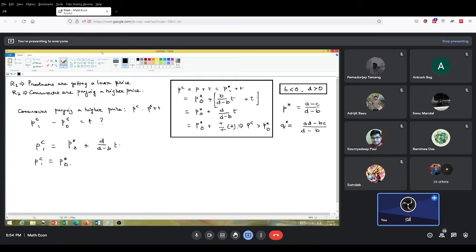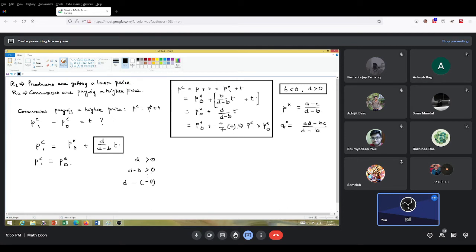Now look at this part. We know that D is positive and D minus B is also positive. You are adding something, right? B is negative, so you are adding a negative quantity to a positive amount, right?